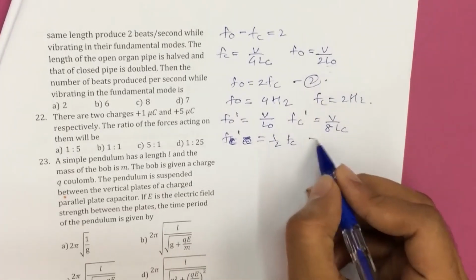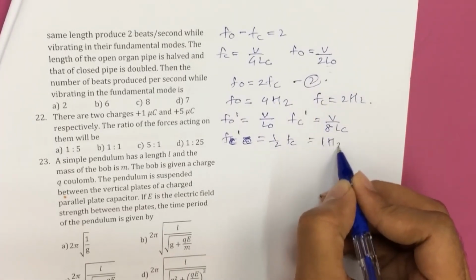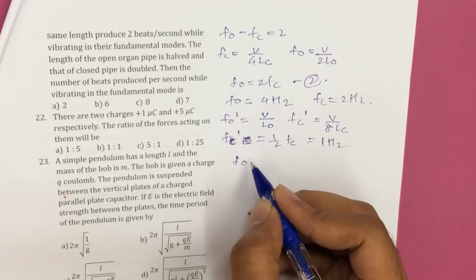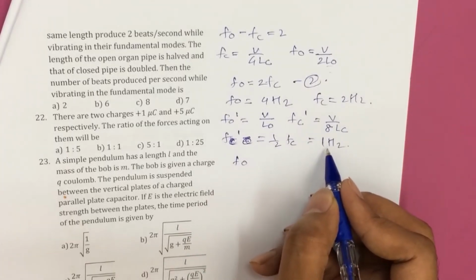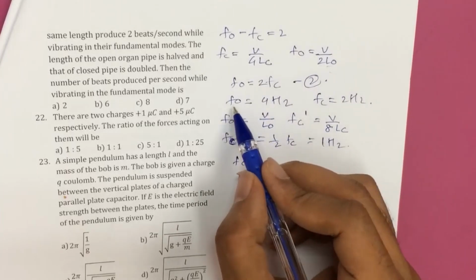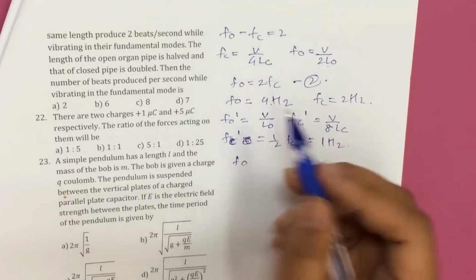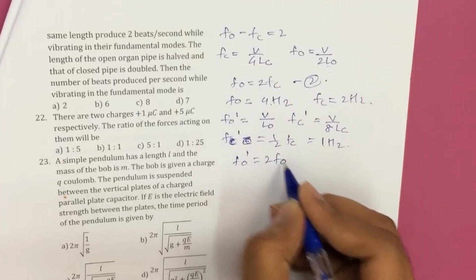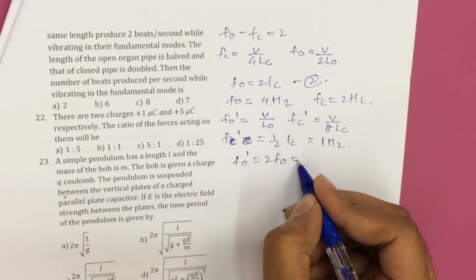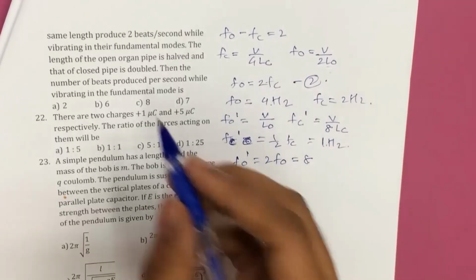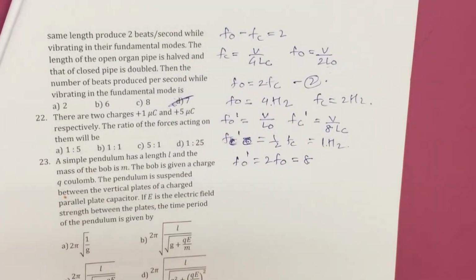Your original Fc was 2, so Fc dash would be 1 Hertz. And since you also know that F0 is 4 and your new F0 is double that of the original, F0 dash is nothing but 2 times F0, so this would be basically 8. So the number of beats heard would be 8 minus 1, that is 7. So correct answer would be option B.